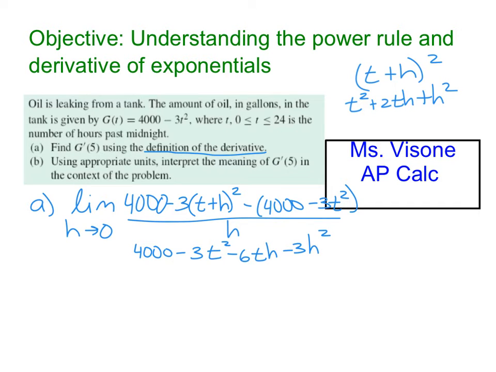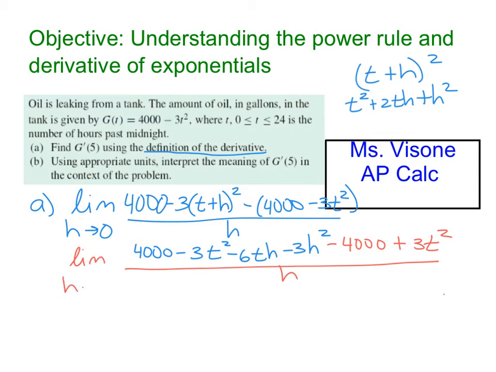And then the second piece, negative 4,000 plus 3t squared all over h. So now stuff always cancels, 4,000, 4,000, 3t squared, 3t squared.